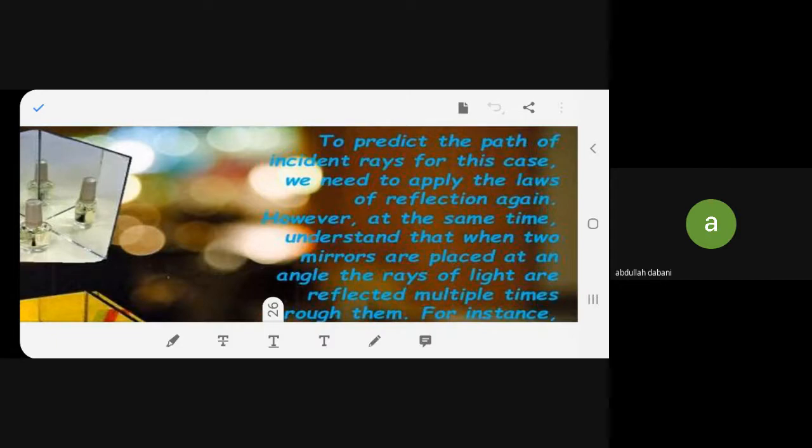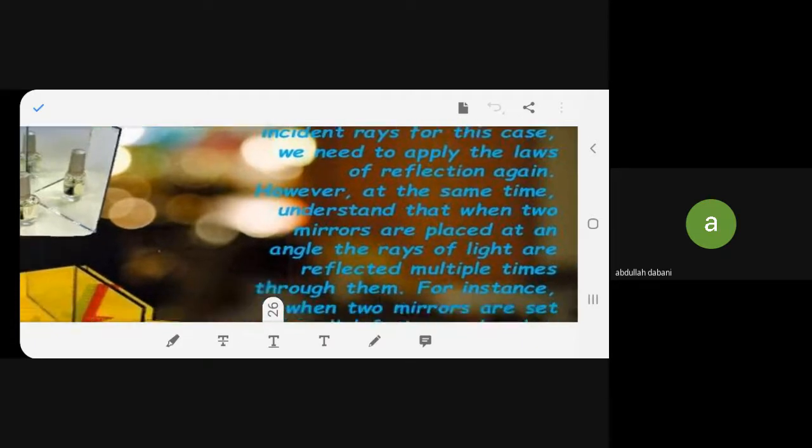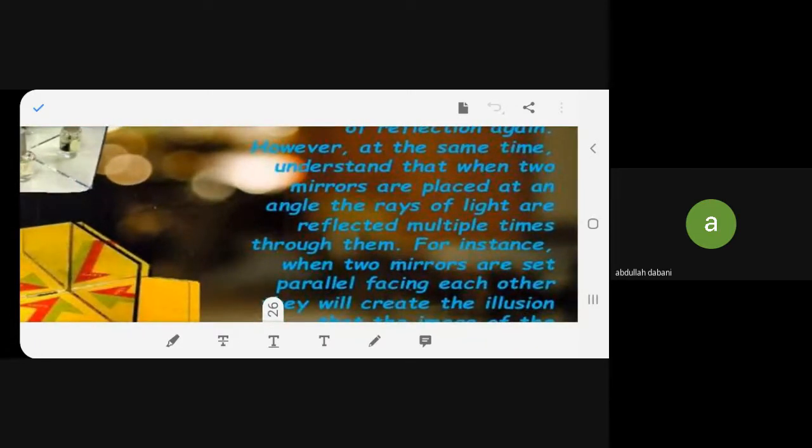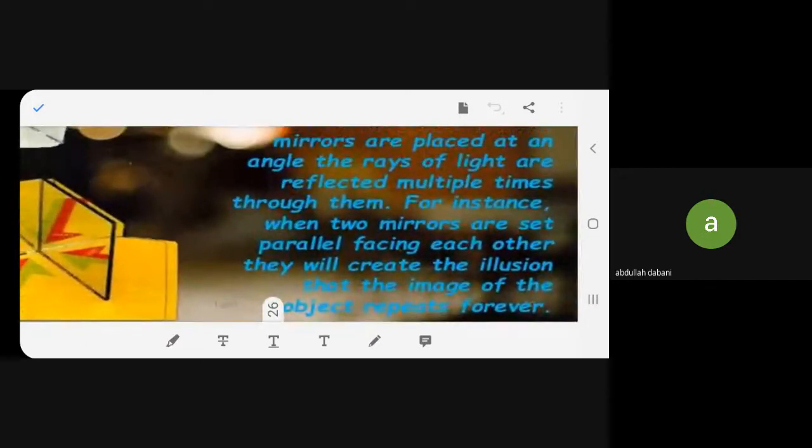However, at the same time, understand that when two mirrors are placed at an angle, the rays of light are reflected multiple times through them. For instance, when two mirrors are set parallel facing each other, they will create the illusion that the image of the object repeats forever. You got my point?